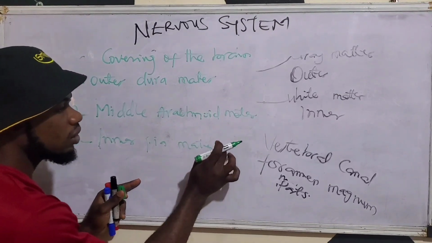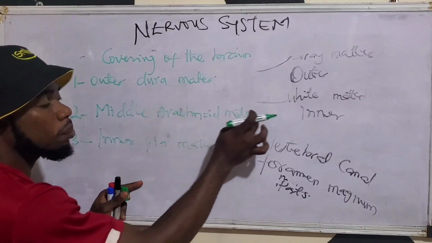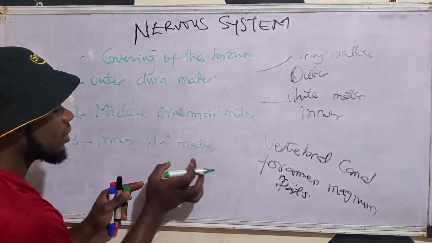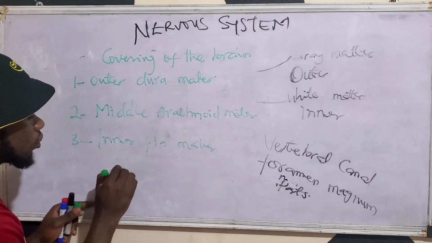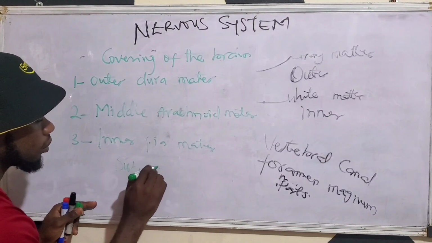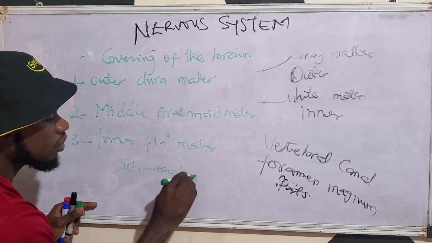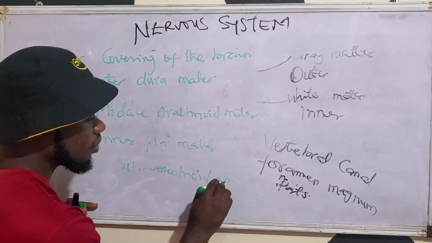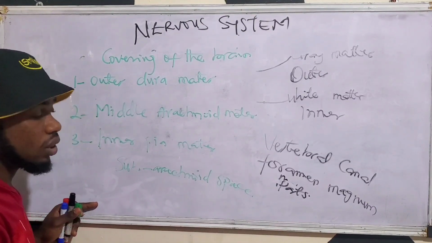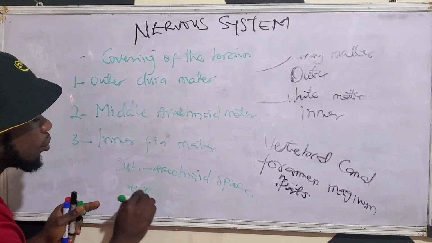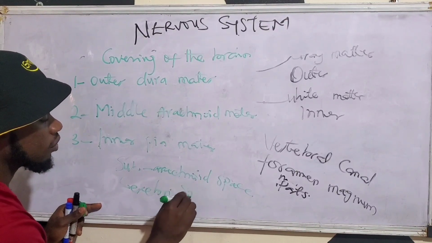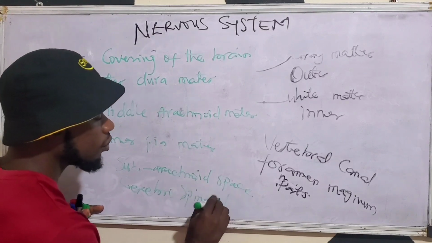Now, between the middle arachnoid mater and the inner pia mater is a space called the subarachnoid space. Now, this space is filled with a fluid called cerebrospinal fluid.